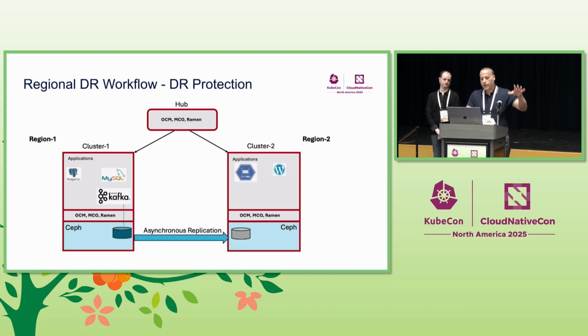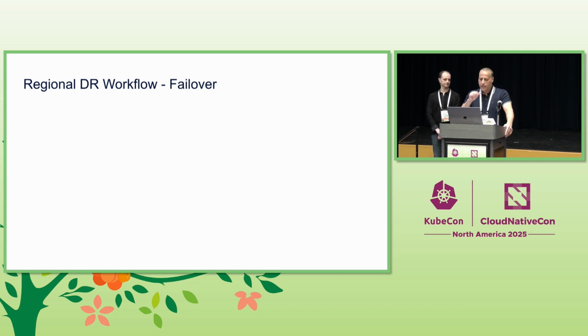So we have a primary application running on cluster 1, right? And then on the secondary cluster, we have a volume. We have an image there that basically acts as secondary at that point, and you cannot really access it unless you force promote it, and that's when we do failover.